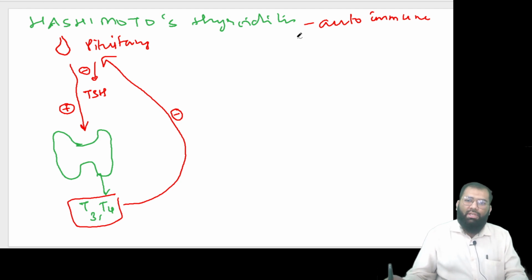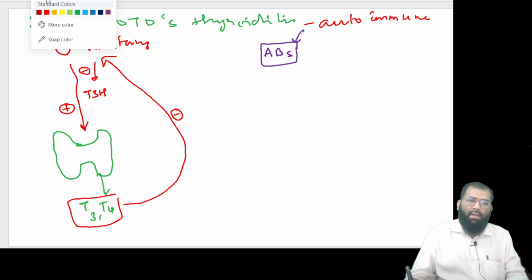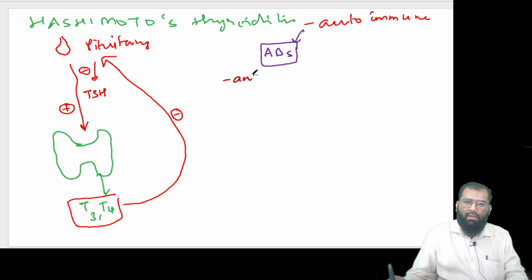So there are special antibodies which are synthesized. Some amongst them to name are anti-TSH antibodies and anti-thyroglobulin antibody, anti-TPO antibodies, that is thyroid peroxidase antibody, anti-thyroglobulin antibody.